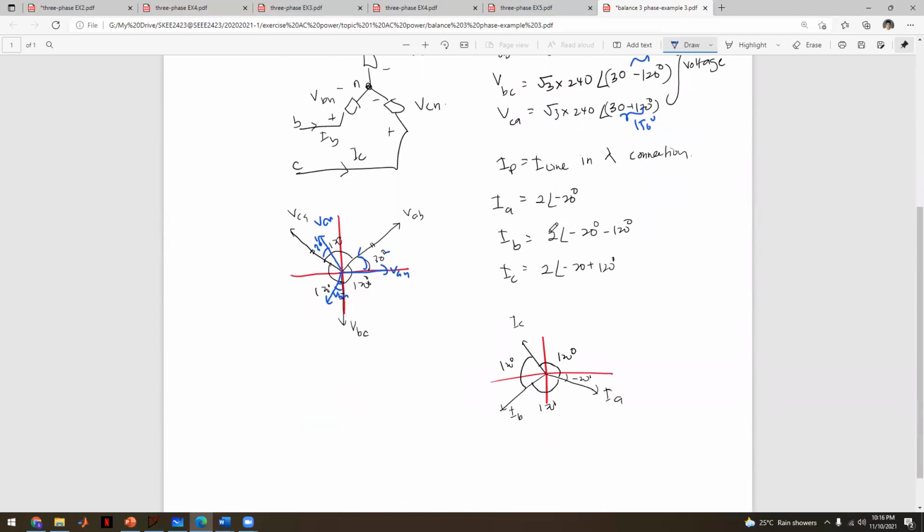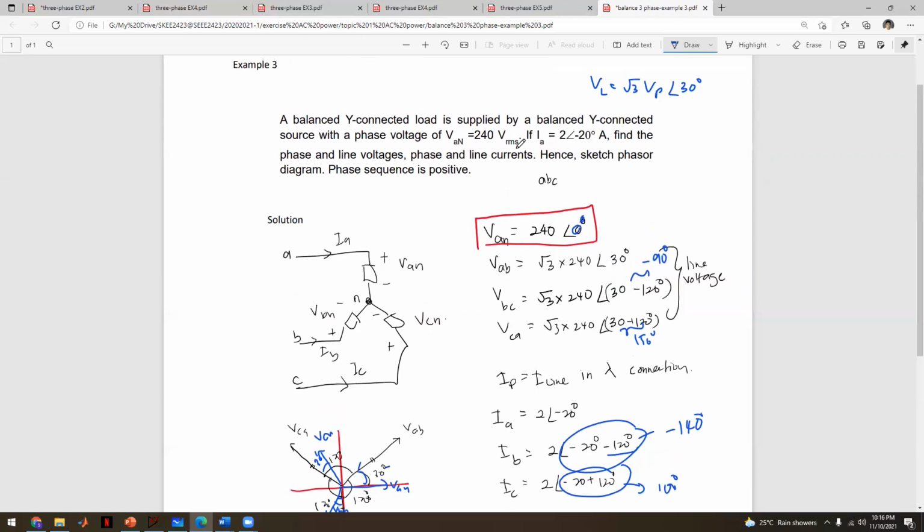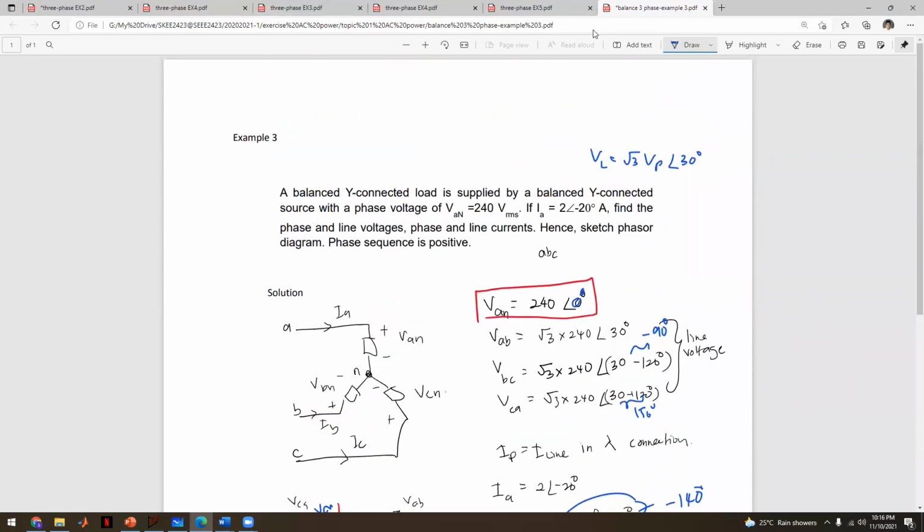IB has the same magnitude, but the angle should be 120 degrees different, so this one should be negative 140 degrees, and IC should be 100 degrees. This is the phasor plot of the line current. So that is example 3.